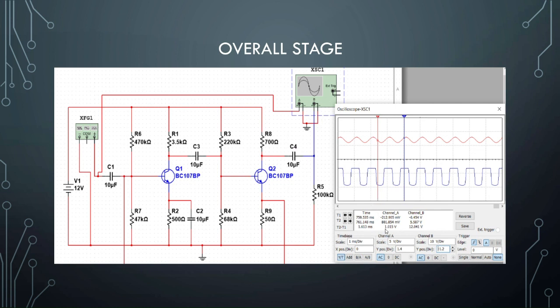So the result will be like this. Channel A is positive 1.0 volt. Channel B is still positive at 12.04 volt. So the signal is stabilized at the second transistor.